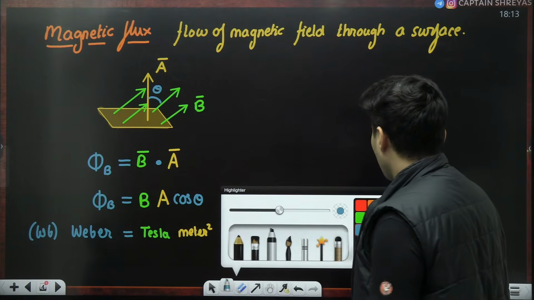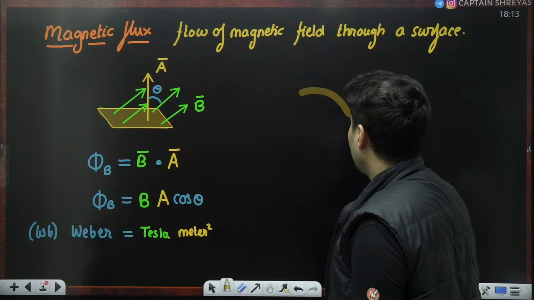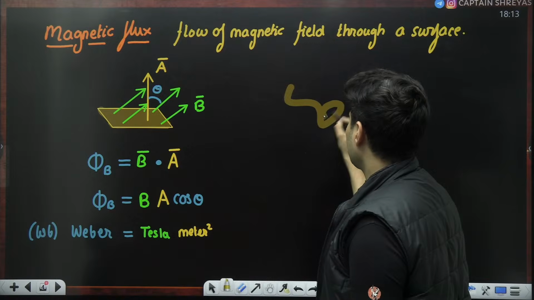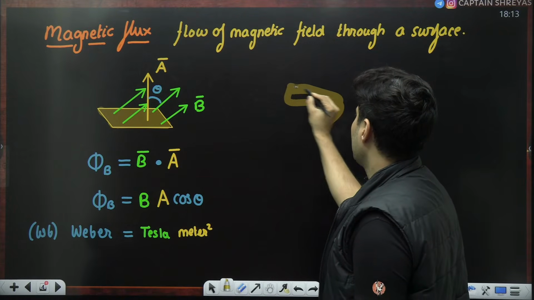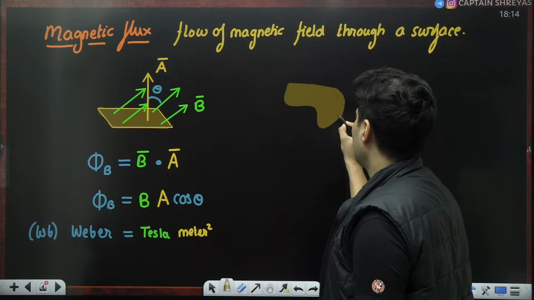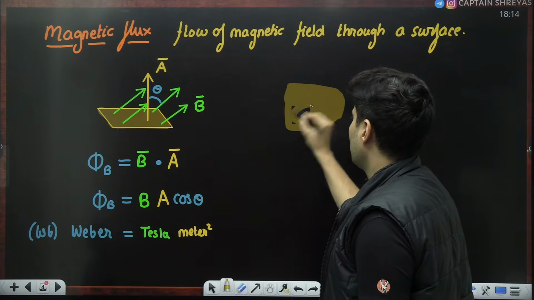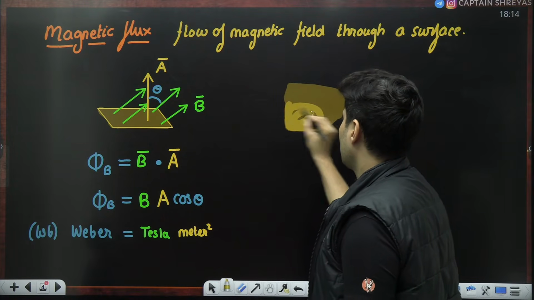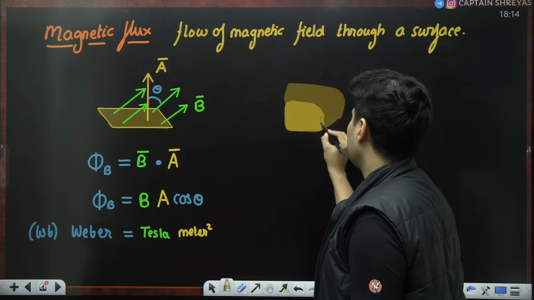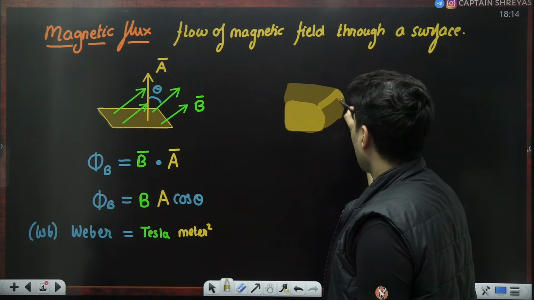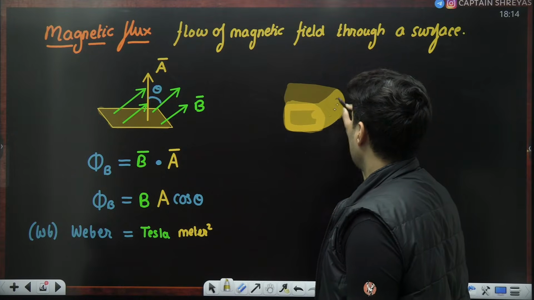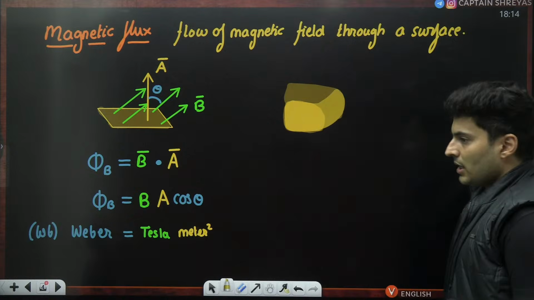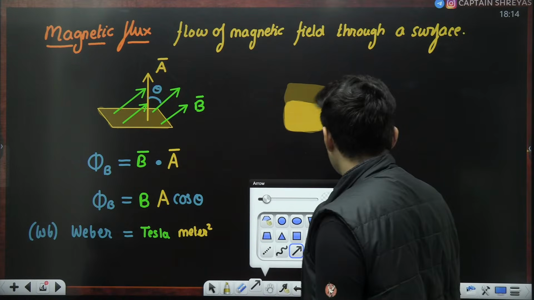But the same thing, if you had a curved area, maybe like this. This is some curved area. In that case, you take small area vectors.